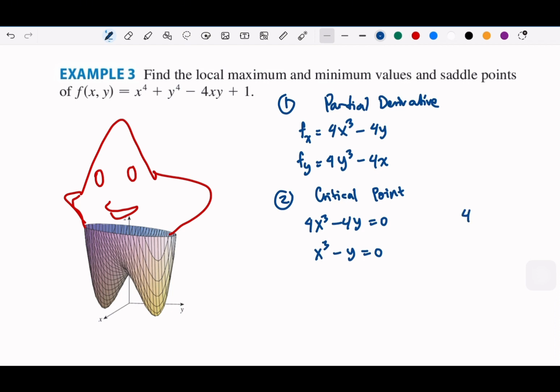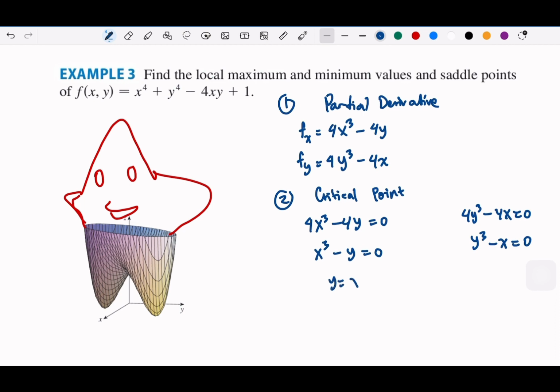So we have two equations, and hopefully we can solve this. Either you can substitute y into that part, or substitute x into this part. Each one of them we can have a similar result.